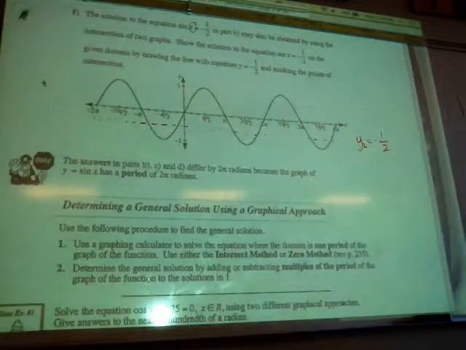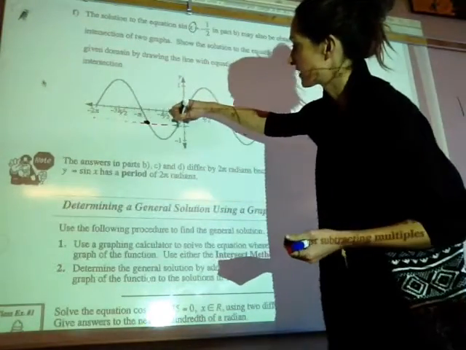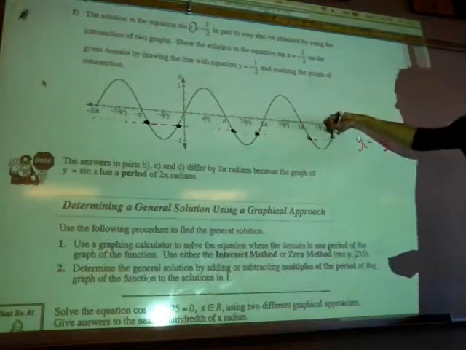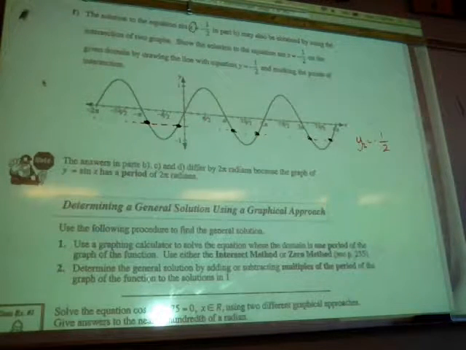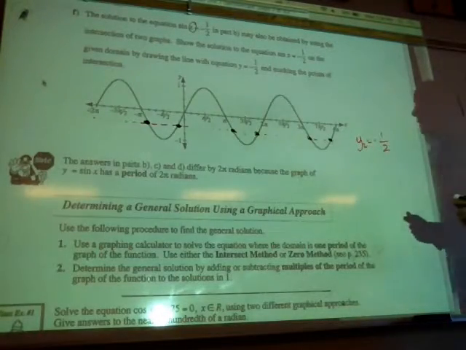Now we're using the intersection method. Our solutions will be the intersection points. Okay, and this is something you guys looked at in grade 11. Obviously we're going to get the same solutions as we did before.